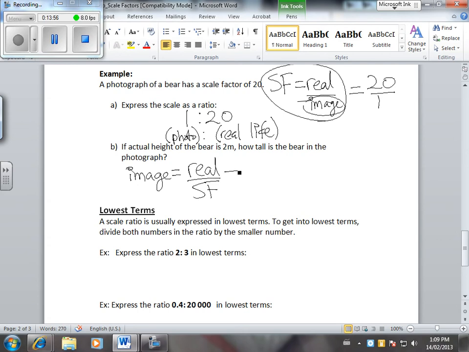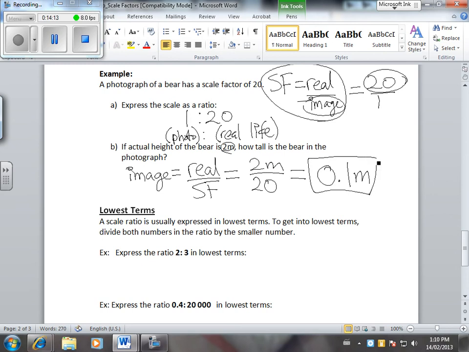So in real life, the bear is 2 meters. Our scale factor is 20. So 2 divided by 20, and we get 0.1 meters. So the bear in the photo is only 0.1 meters, but the bear in real life is 2 meters.